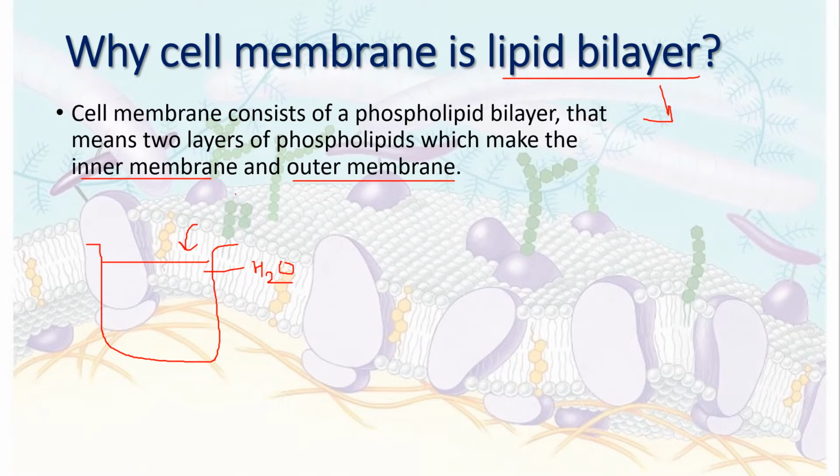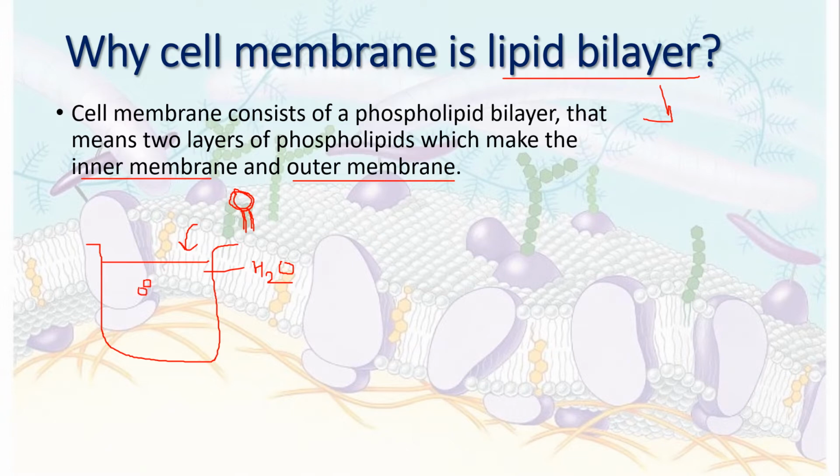The structure of the phospholipid molecule is like this: a head and two fatty acid tails. The head is hydrophilic and the tails are hydrophobic. So when we place this phospholipid in the water, you will see it forms a sphere, like this.